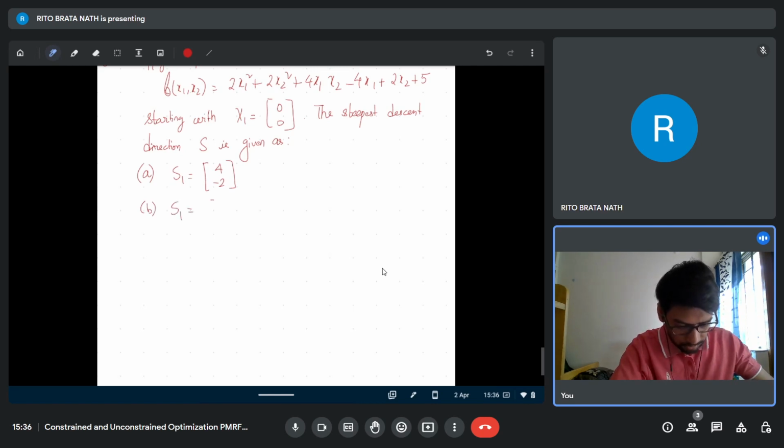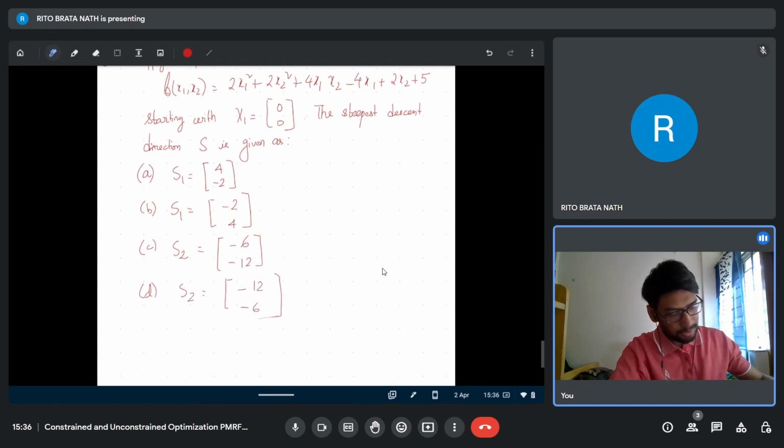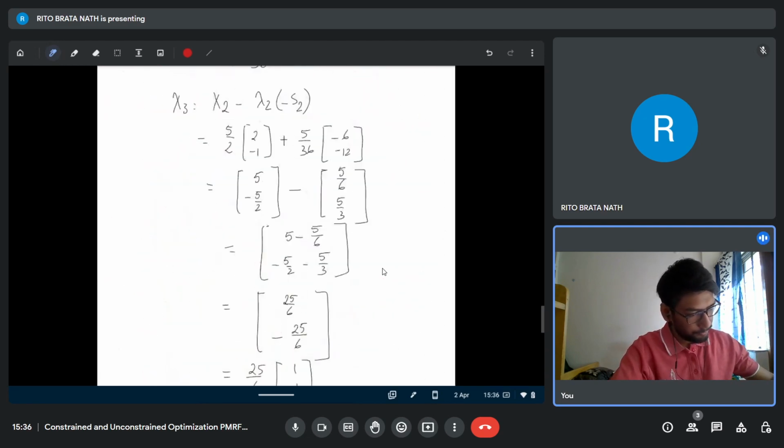So this is the first one actually. S1 and S2 both are directions. S1 is 4 minus 2, and S2 is minus 6 minus 12. So let's check what was S1 and S2.